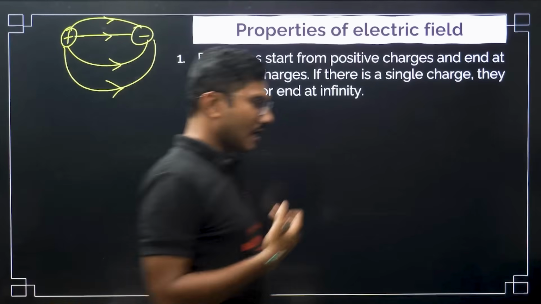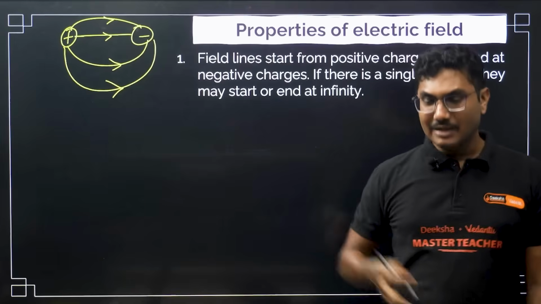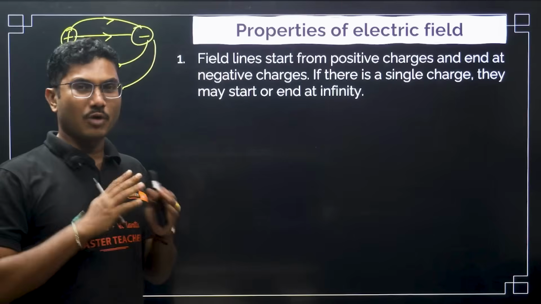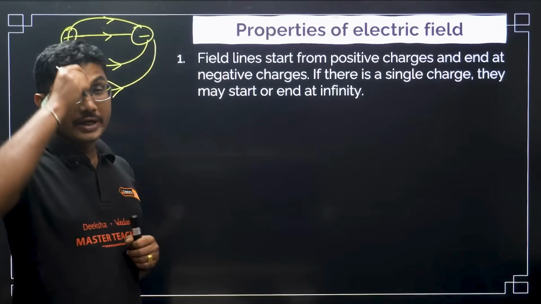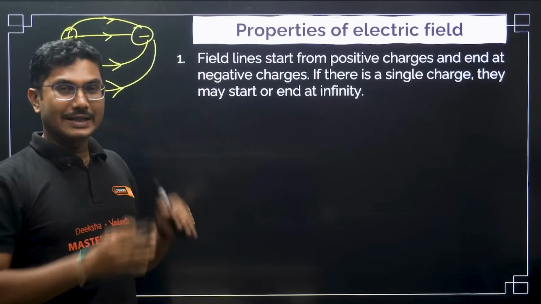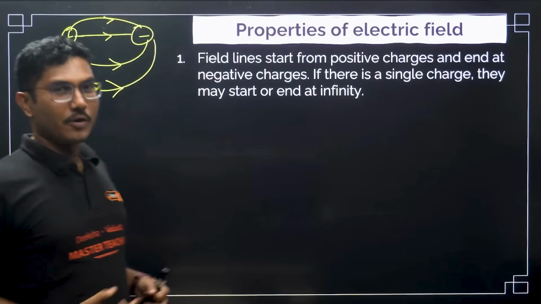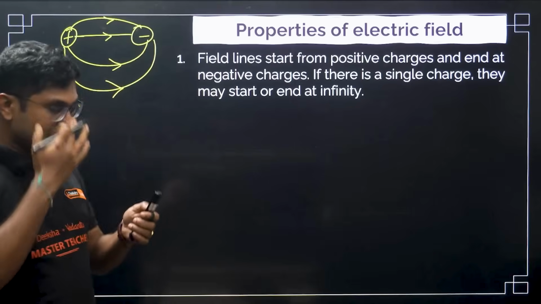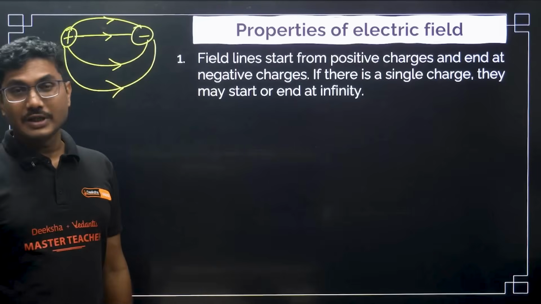Now when you are talking about some imaginary thing, you have to give it some properties, so that when I am drawing, or someone else is drawing, the drawing is uniform, right? That's why these properties are given to these lines, so that everyone draws in a proper way.